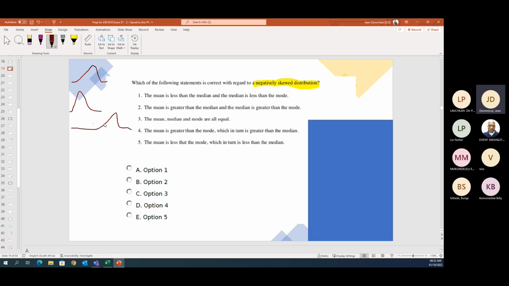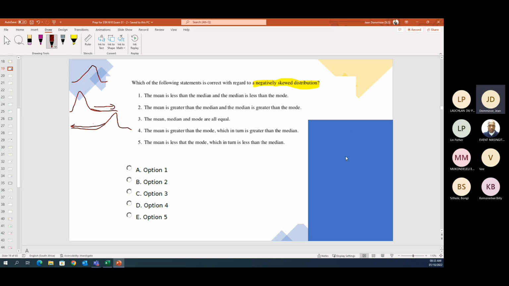What that means is there's a long tail here to the left. Same with the other one, there's a long tail to the right. Okay, so let's just look at the options.